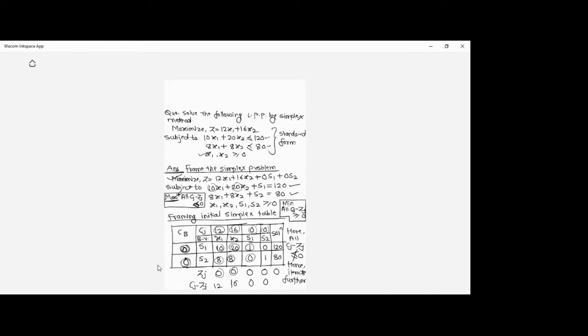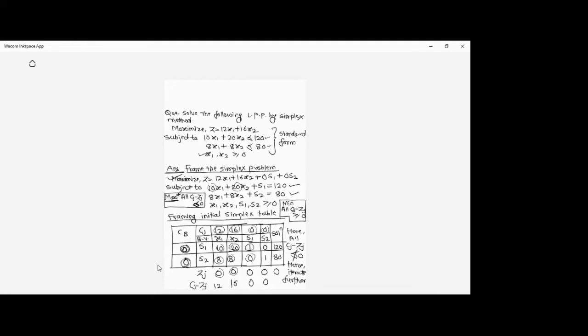We have decided to iterate further on the basis of the optimality check. For maximization, all cj minus zj values should be less than or equal to 0, and for minimization, all should be greater than or equal to 0.